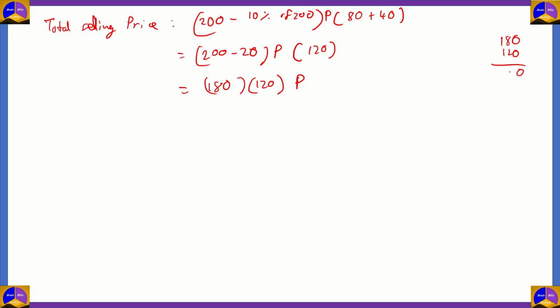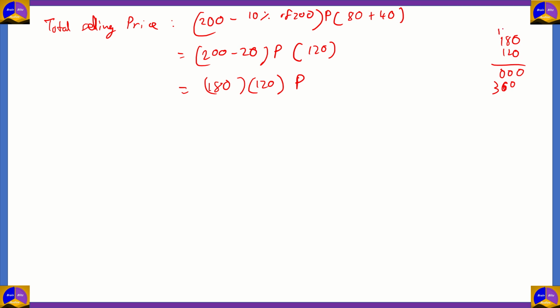All right, so let's do this again. 0 times 0 is 0, 0, 0. 0 times 2 is 0. 8 times 2 is 16.